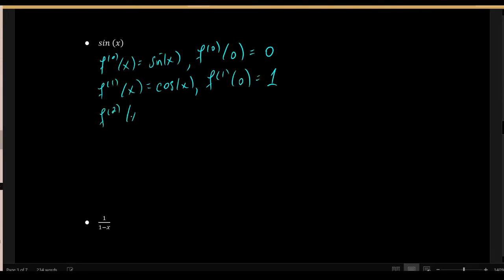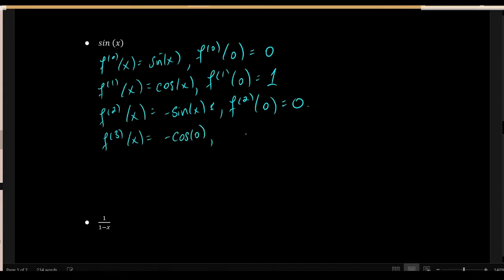The second derivative is now the derivative of cosine, which is negative sine. And if I plug the center into negative sine, I get 0 again. Then the third derivative is negative cos. And if I evaluate the third derivative at 0, I get negative 1.